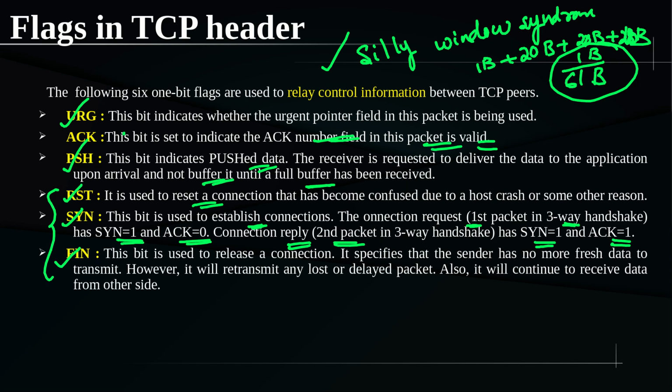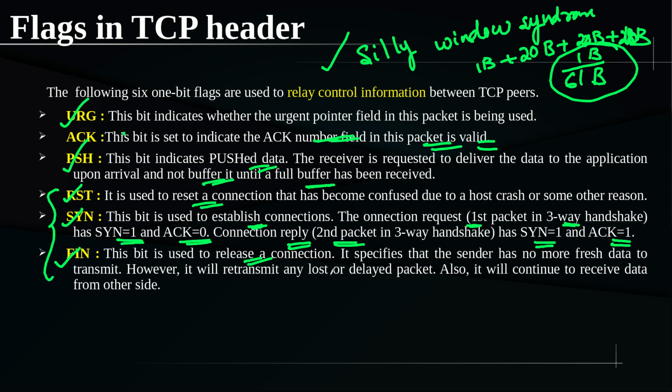And similarly, once you want to finalize your connection, this bit is used to release a connection. So the FIN bit stands for finalize. It specifies that the sender has no more fresh data to transmit. However, it may still retransmit.